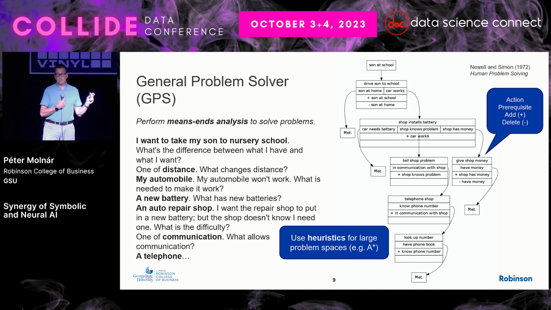Which is actually a very natural way for us to solve a problem, and we would break it down. For example, taking my son to school: I have to drive, is the car working, and so on. So this idea of representing things in a discrete symbolic state, we can represent our problem in a problem space, and then have algorithms to solve that.